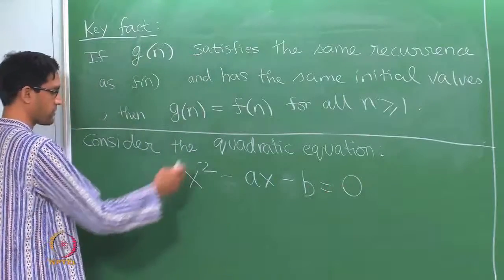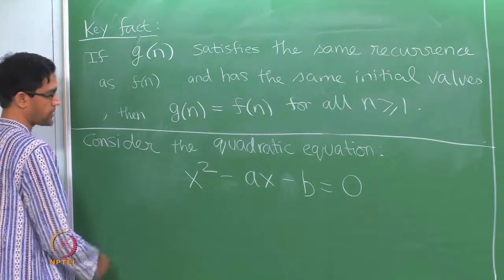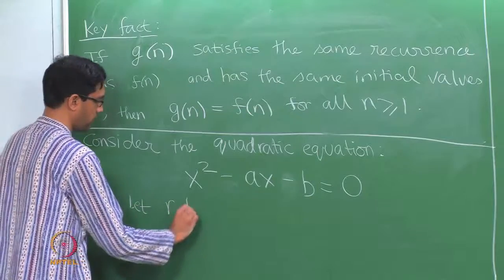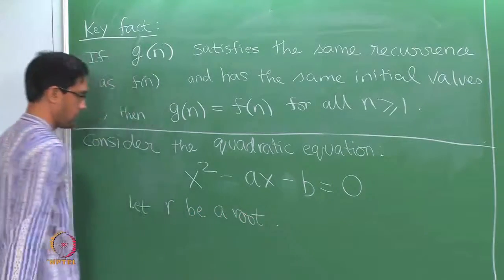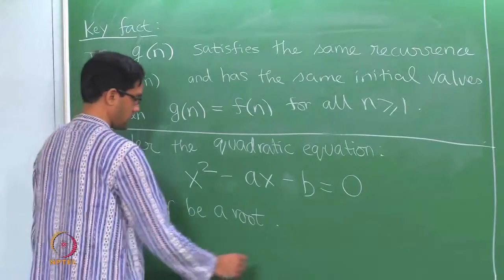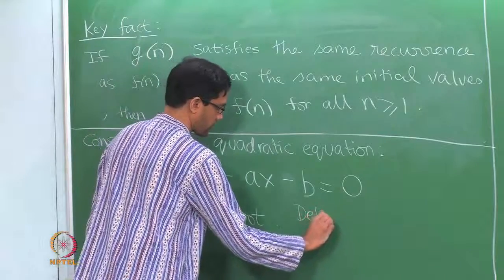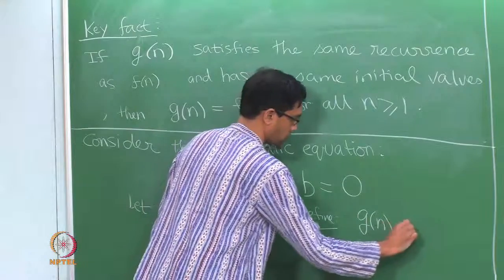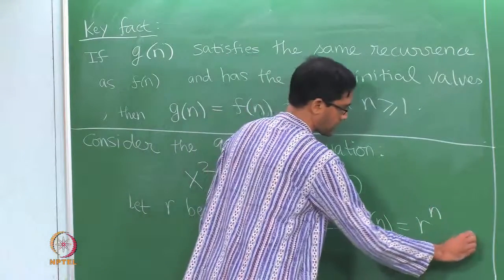And let's pick a root of this equation. So a quadratic equation has two roots. Of course the roots could be complex numbers, but never mind. So let r be a root of this equation. You pick one of the two roots, and define a sequence g of n as follows. Just take powers of r, g of n equals r to the power n for all n at least 1.